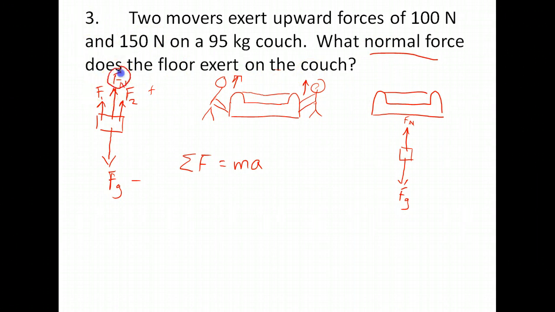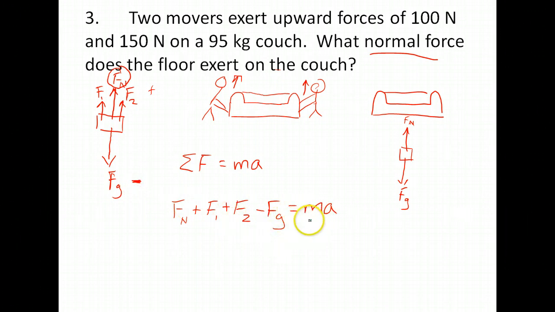In order to do that, I've got to define upwards as positive. So I can say the normal force plus the force of the first person lifting up plus the force of the second person lifting up, minus, because it's downwards, the force of gravity. That's equal to ma.